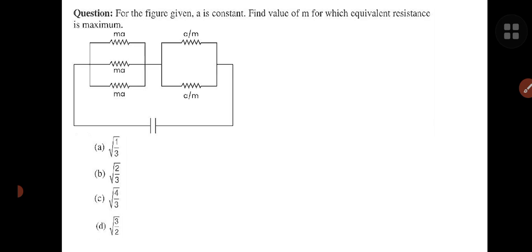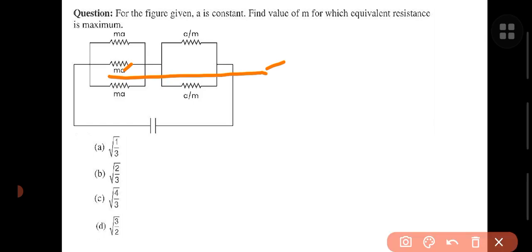For the figure given, A is constant. Find the value of M for which the equivalent resistance is maximum. Now, how to find the value of M?